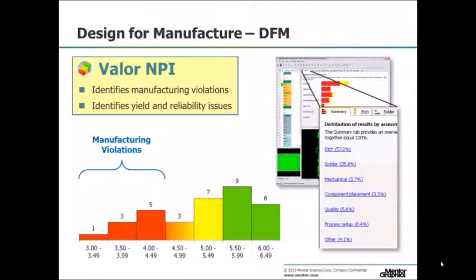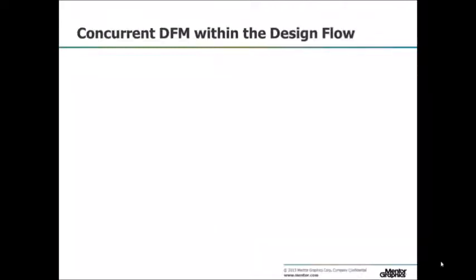The red violations are real manufacturing problems that are going to stop the manufacture of the product, whereas the yellow results show areas of the design that could be modified or improved upon, which will then result in yield and reliability improvements.